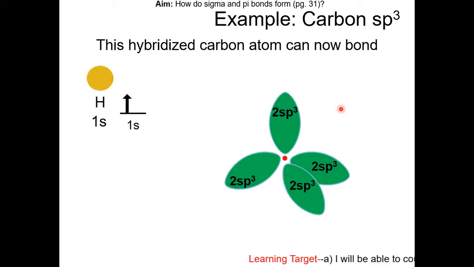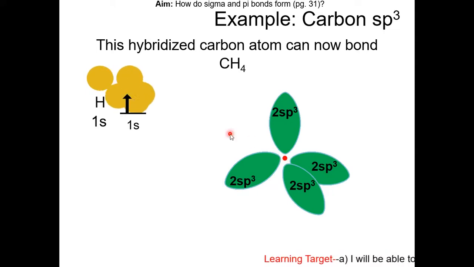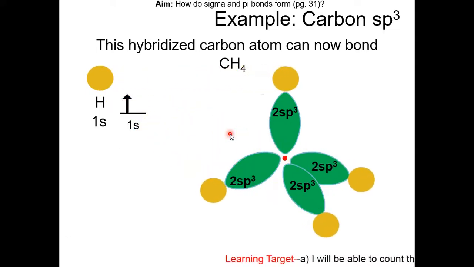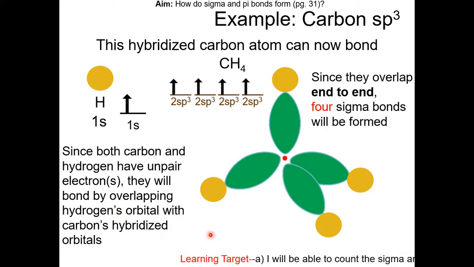We're going to look at an example, CH4. This is hydrogen. Hydrogen only has one electron in the 1s orbital. This carbon is going to bond with 4 hydrogen atoms. Since both carbon and hydrogen have unpaired electrons, they will bond by overlapping the hydrogen's orbital with the carbon hybridized orbitals.